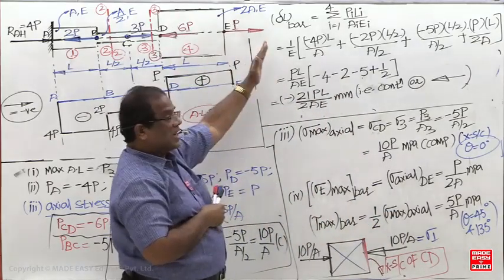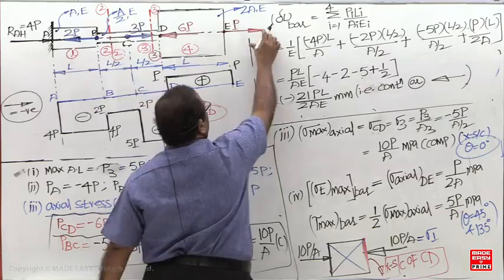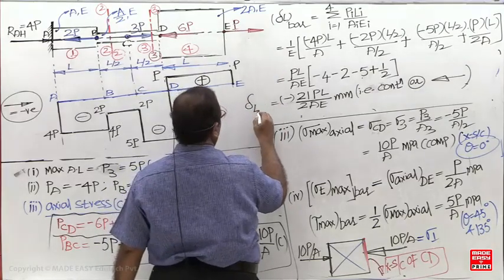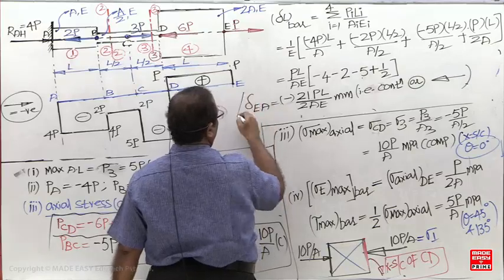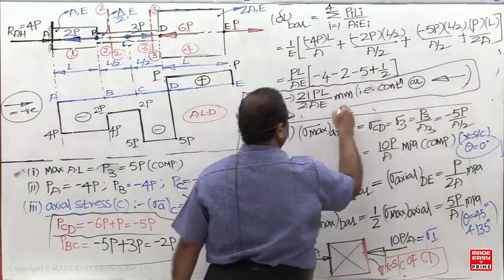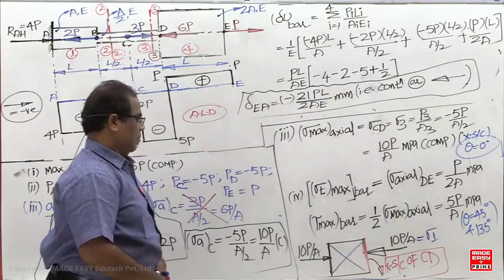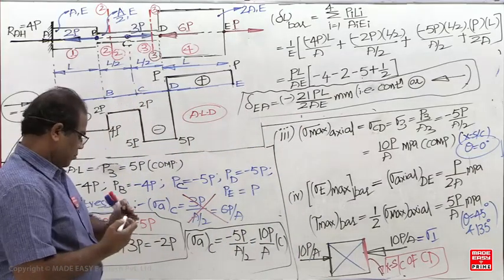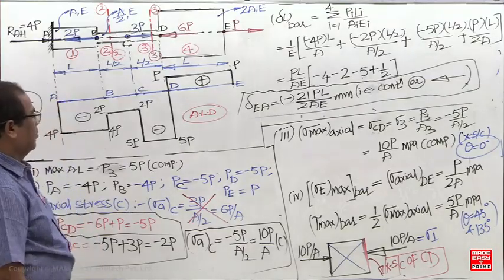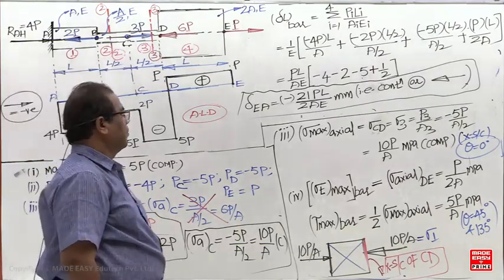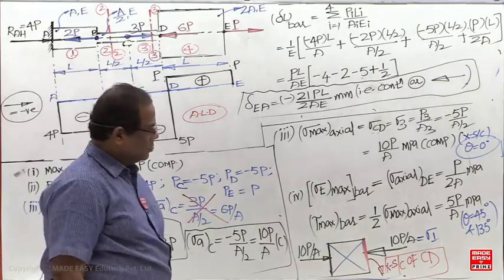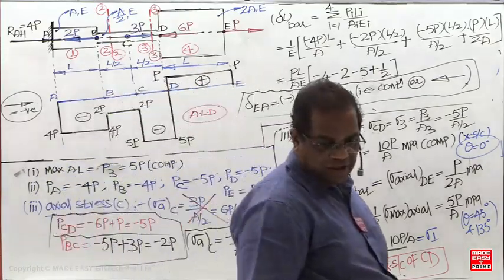So E will move towards the left side, not the right side. This much deformation you are getting at E. Check the simplifications now.